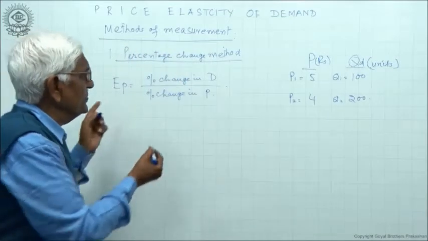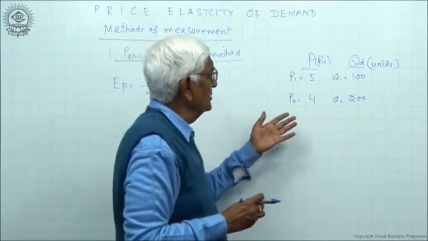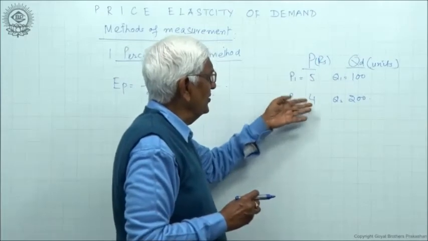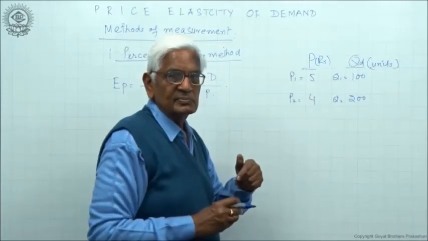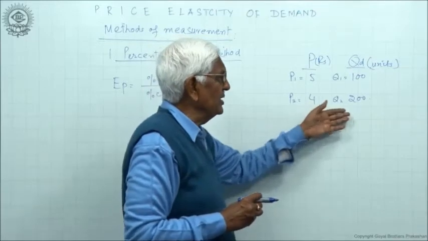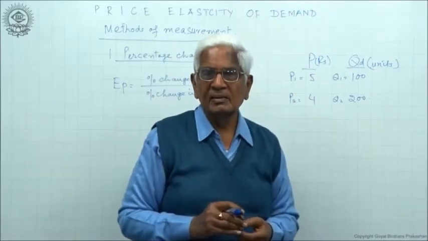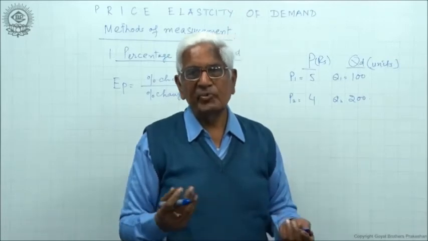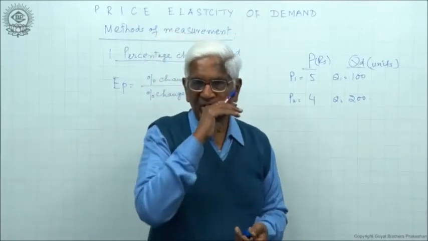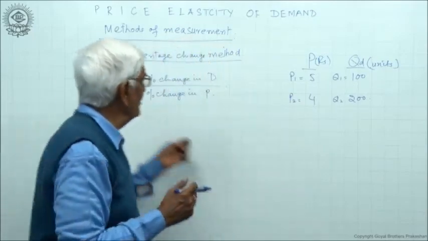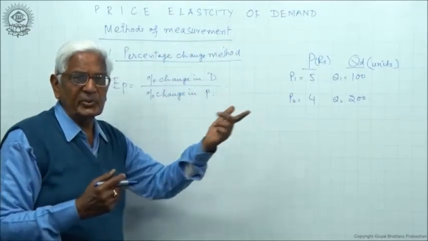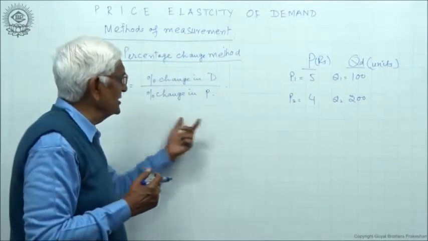It's simple. There is a 20% fall in price leading to 100% rise in demand. So 100 divided by minus 20, the answer would be -5. We can find this out orally if we simply use this method.